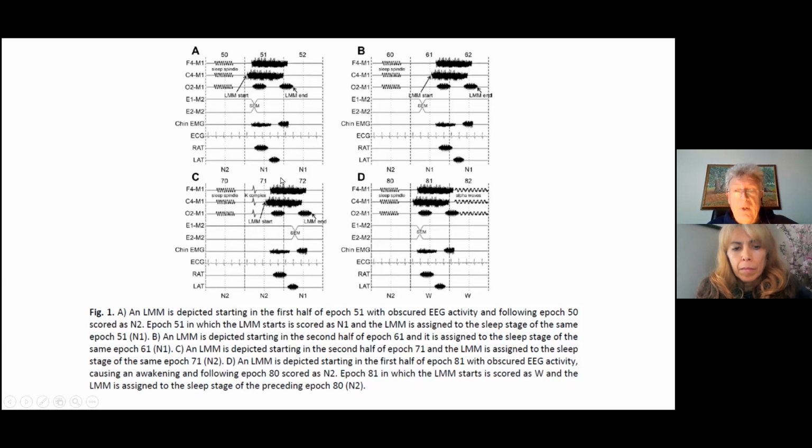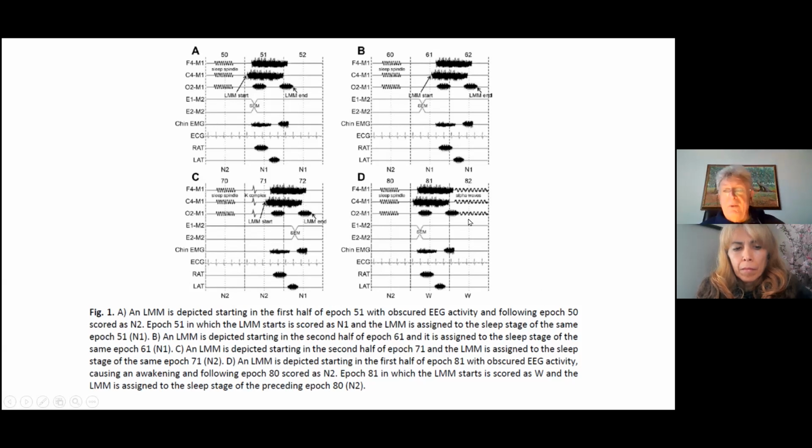The movement causes some change in scoring, so you see N1 here, because the slow eye movement occurs here. So the movement is scored and assigned to N2.